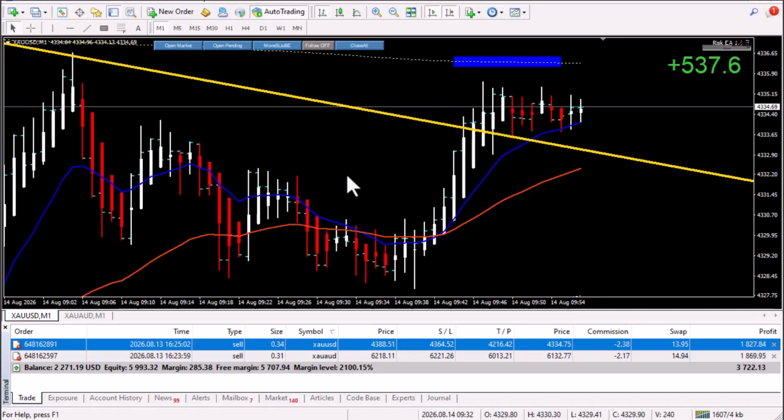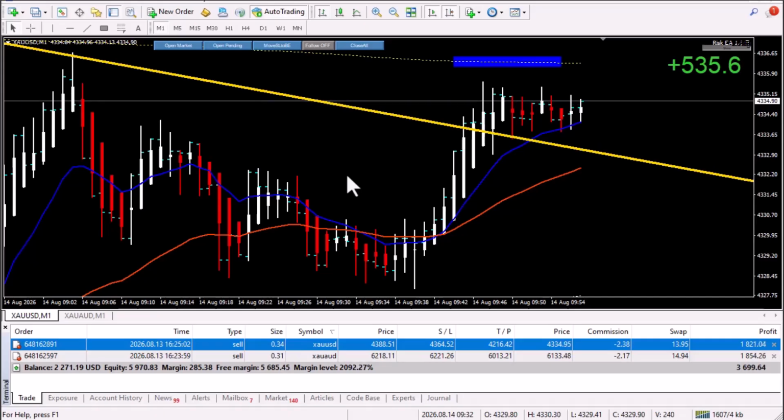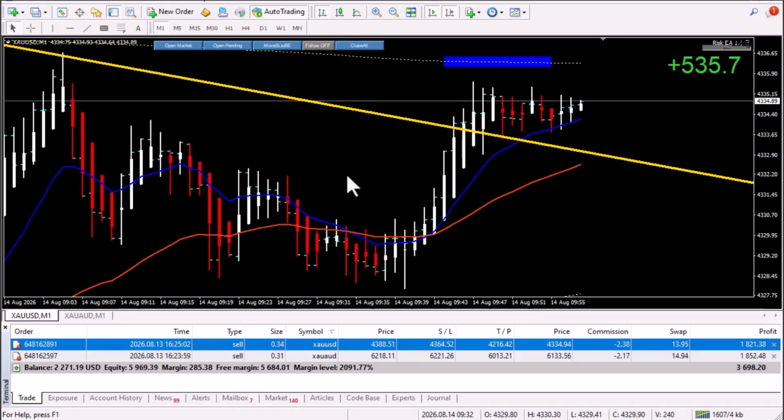You can see price is still stuck in that area, not moving to the upside or the downside. I will make the video short by speeding it up. It is just moving below the 36 EMA. Now the trade is becoming exhausting.